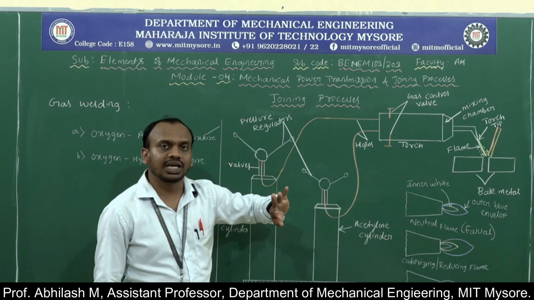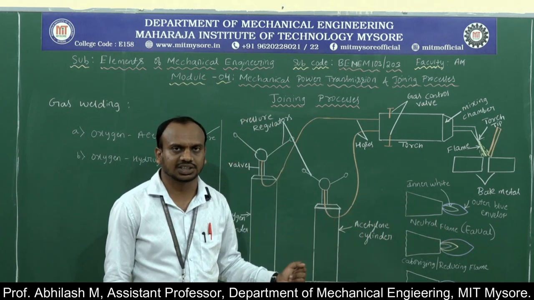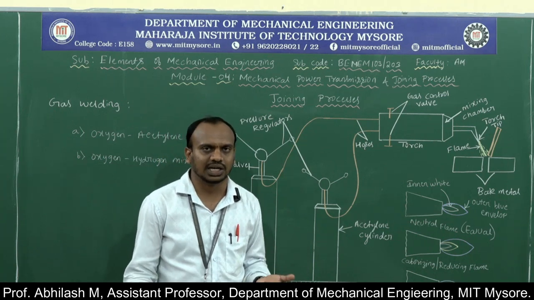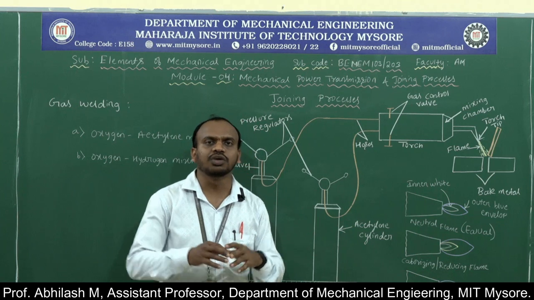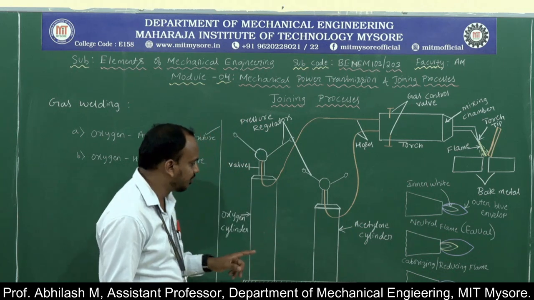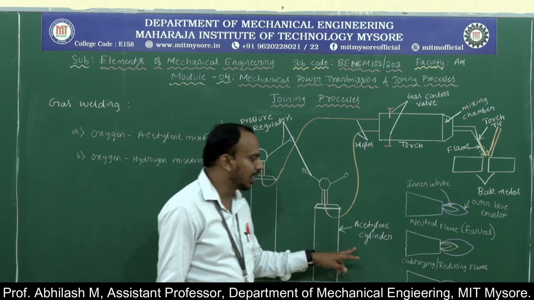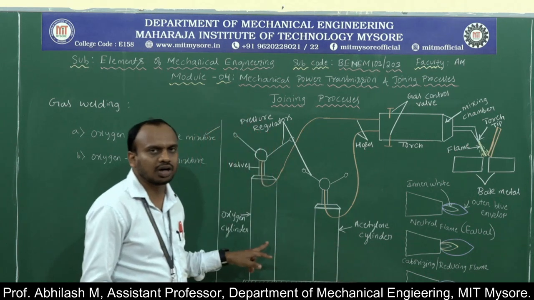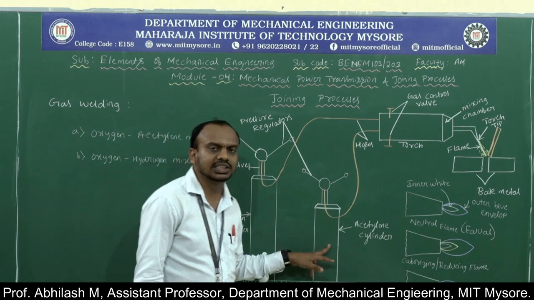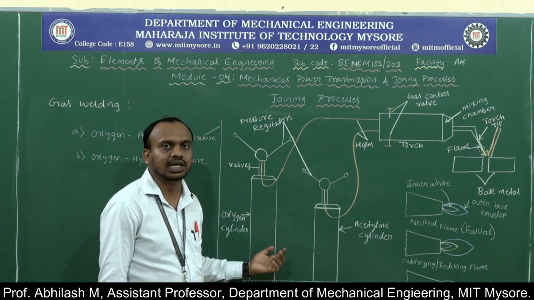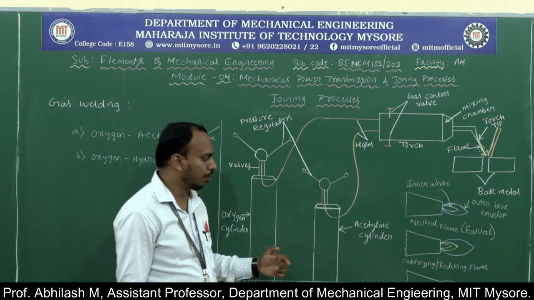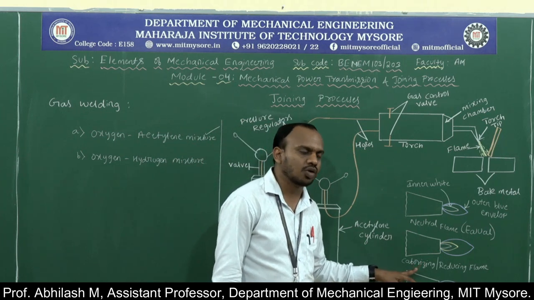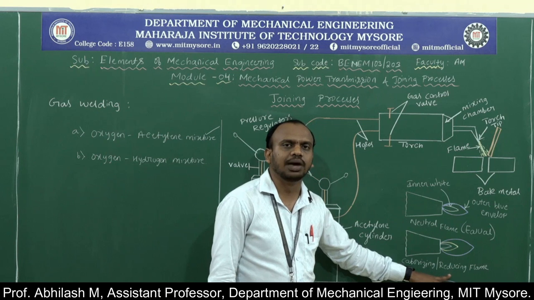Sir, what if I increase the acetylene percentage? Or what if you increase the oxygen percentage, vice versa? So we are going to obtain two different types of flames. The first is increasing the supply of acetylene: more acetylene, less oxygen. The type of flame that we obtain is called a carburizing flame, or also a reducing flame.